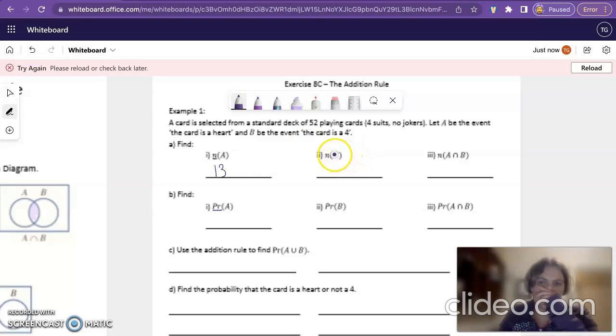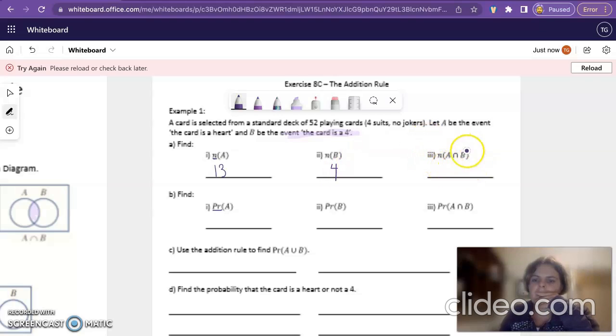All right, number of B. What's B? B is the event that the card is a 4. So there's going to be a 4 of each suit. So the event that the card is a 4, well, there's 4. 4 spades, 4 clubs, 4 diamonds, 4 hearts.